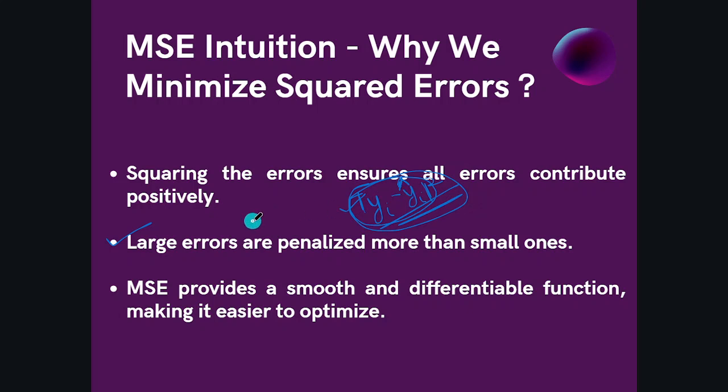Why? Because the large error will have the most impact on the model. Small errors will not exist anymore. If we add infinity plus 0, then it will actually tend to infinity.